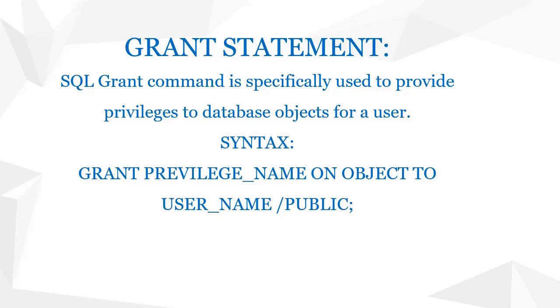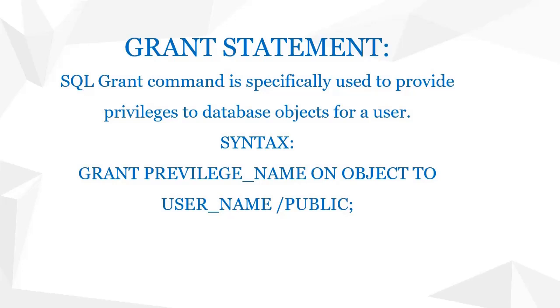And getting into the syntax, firstly we use the grant keyword followed by the name of the privilege, that is either select, insert, delete, update or anything. You can give multiple privilege names within a single grant statement also. And next, the on keyword, and next we use the object name, either your table name or a view name, and next the to keyword followed by the user name.